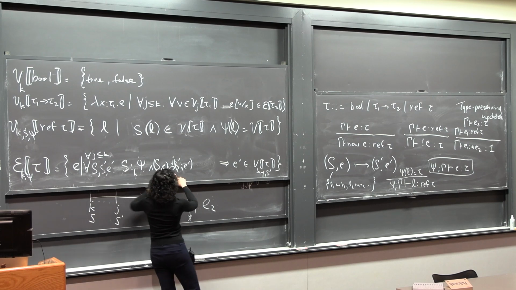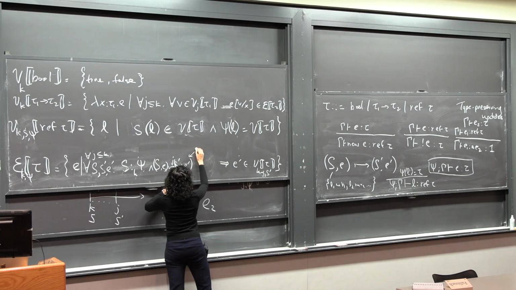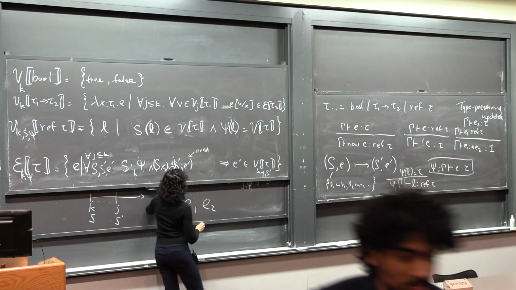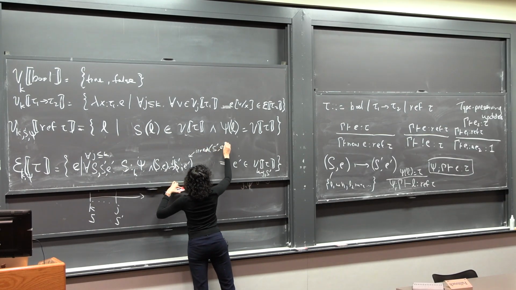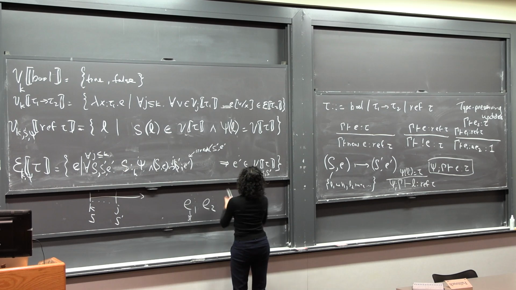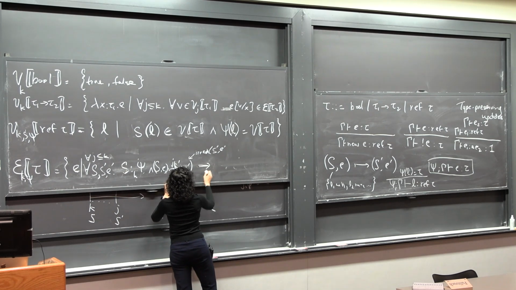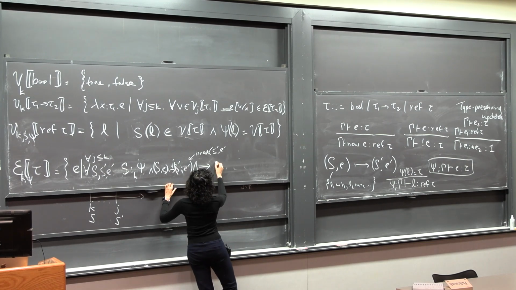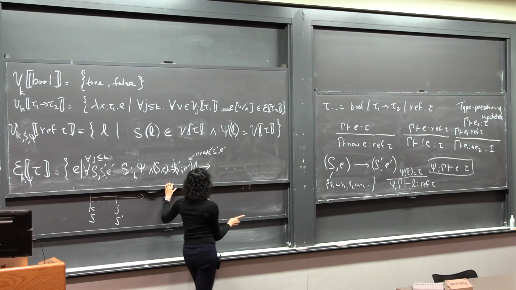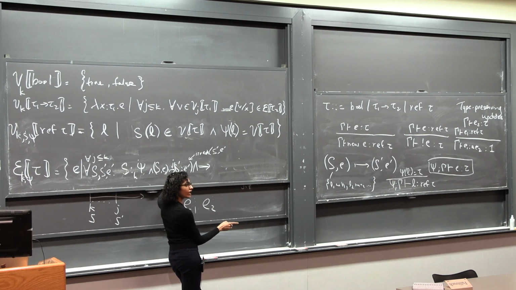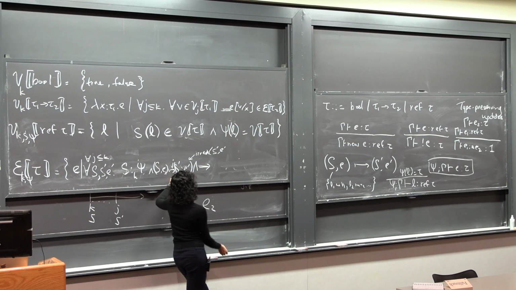Okay. If you've reached an irreducible state, I'm just going to write it here. I'm running out of space. So irreducible S prime, E prime. Then what? Then a few things. Then, sorry, this thing is here. Then it better be the case that whatever store you end up with satisfies some future store typing, right? Okay.